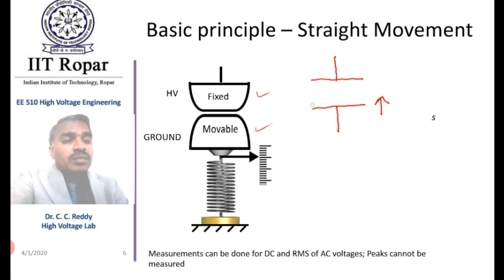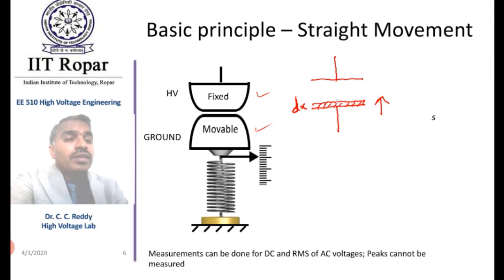Actually in practice the movement is very small. Up to this distance it has moved. What is the difference? The stored energy before and after will be different. Consider this element, this differential length, as dx. In this volume, the total energy will be lost.